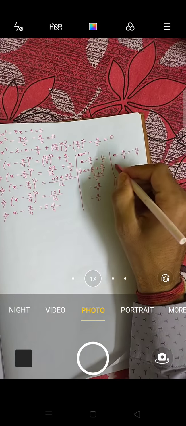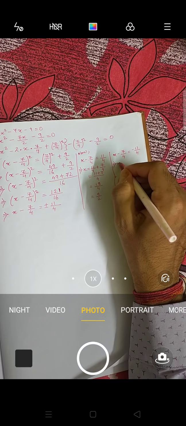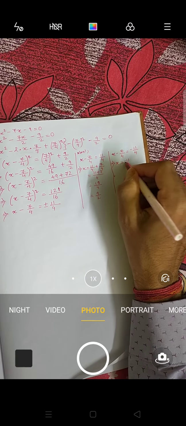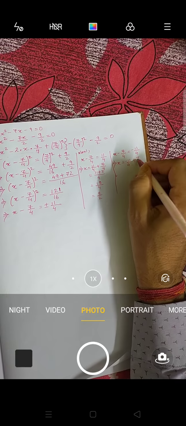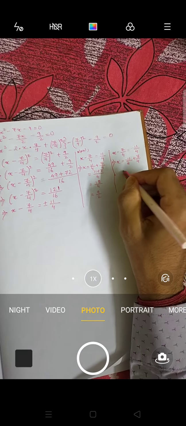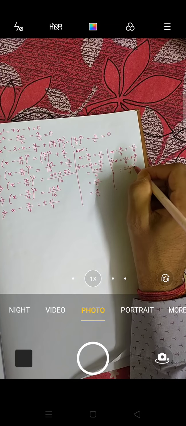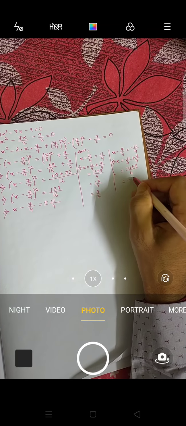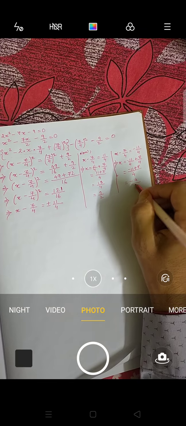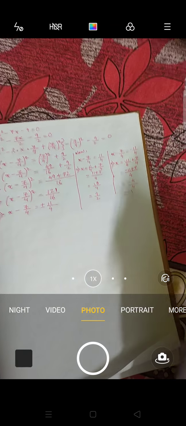And this side, if you subtract, you will be having minus 11 by 4 plus 7 by 4. So you will be having 4 minus 11 plus 7 equals to minus 4 by 4 equals to minus 1.